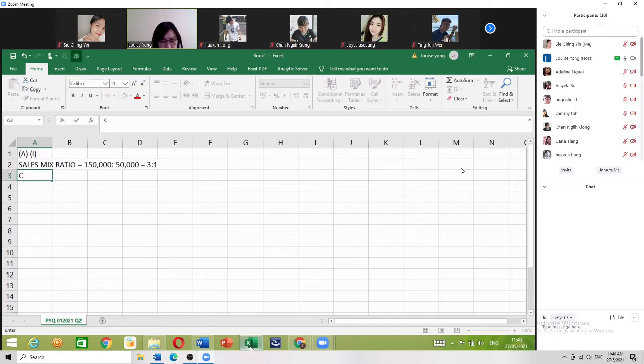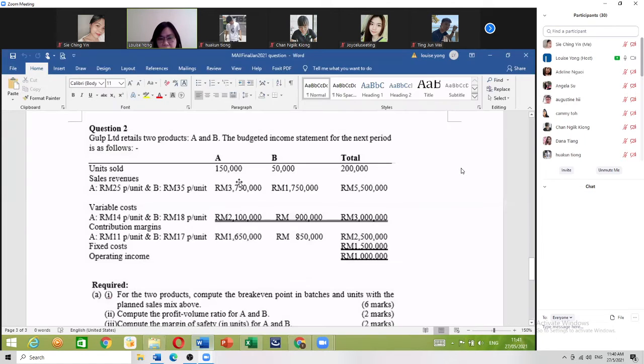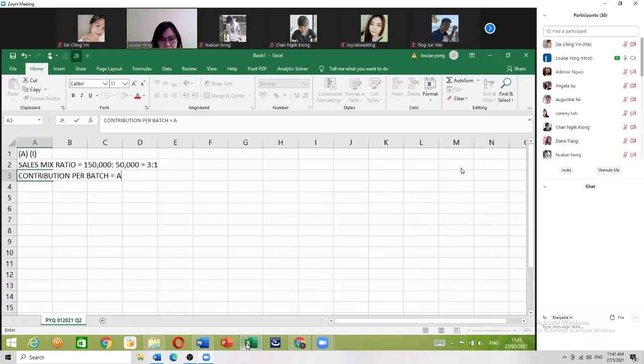Then after that, calculate your contribution per batch. Product A, A 的话 contribution 是11对吗？11. 这个是17. 一个是11，一个是17。So A 的话, means that 11 multiplied by 3.